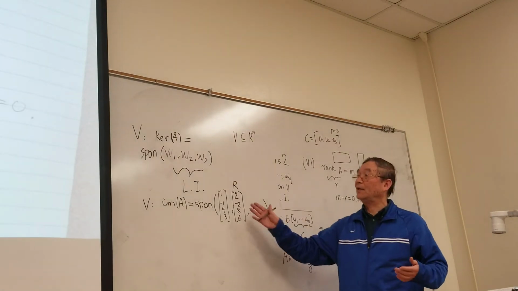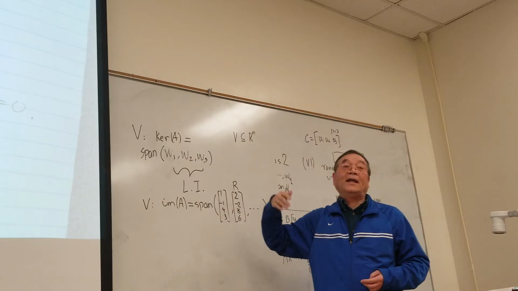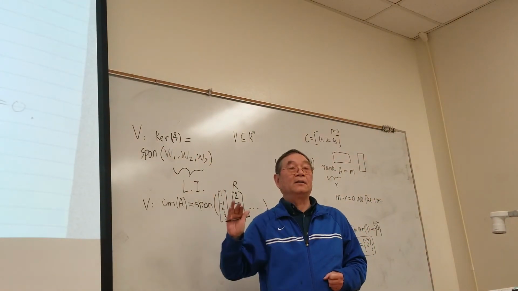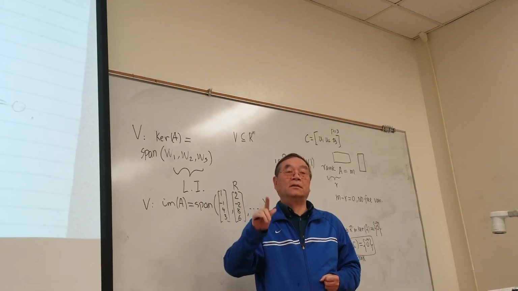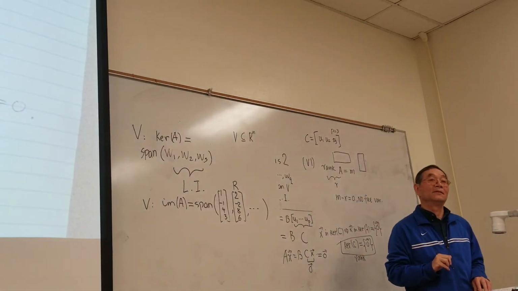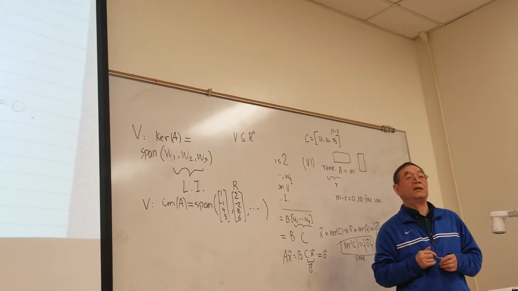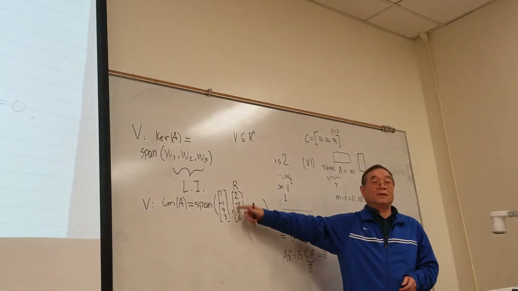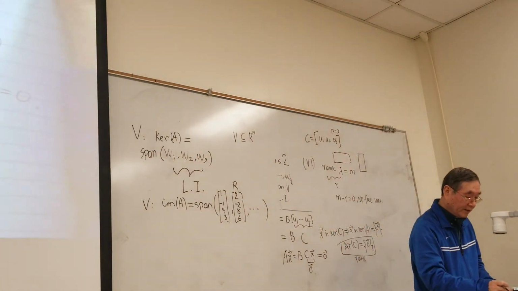So you find the relation on the columns of A. Then you can go to RREF of A. That will help you to find vectors in the kernel of A. So that's another type of problem, depending on whether or not it is easy enough to find redundant columns of A. So there are two different situations.